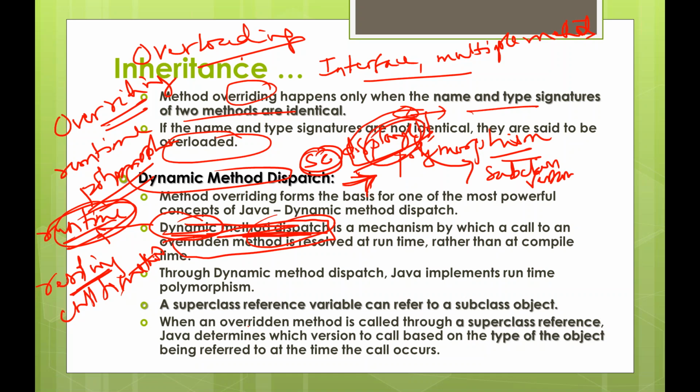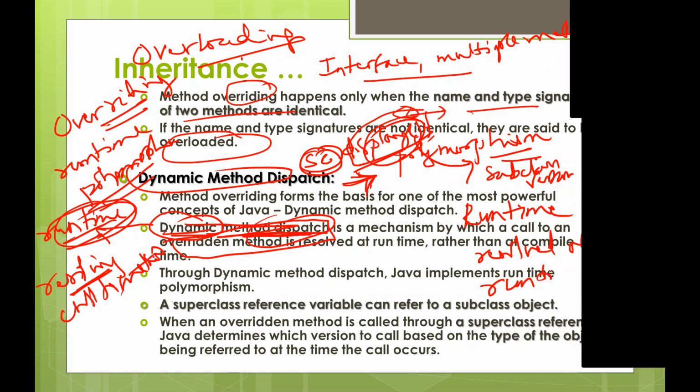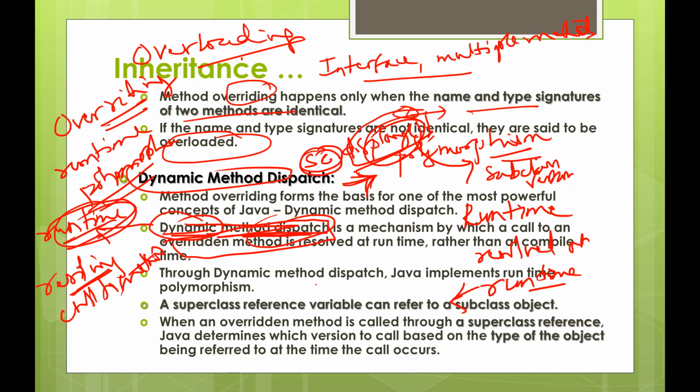In Java, all the methods are resolved at runtime. Method calls are resolved at runtime. This is called late binding. There is also one more method dispatch, that is early binding.